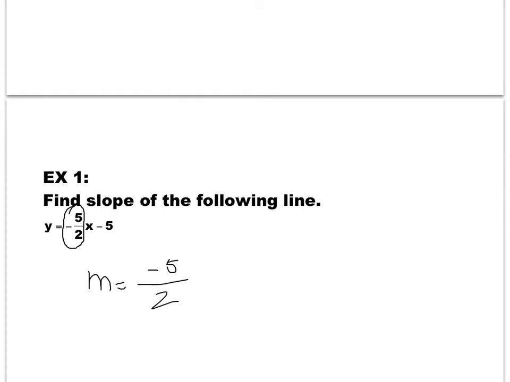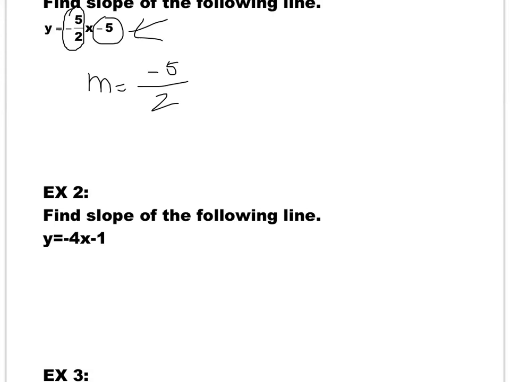Now, this slope can be written as 5/-2 or -5/2, so it doesn't matter which way you say it. Now, what is the y-intercept? It is -5, because the number which is separated from x is called the y-intercept.